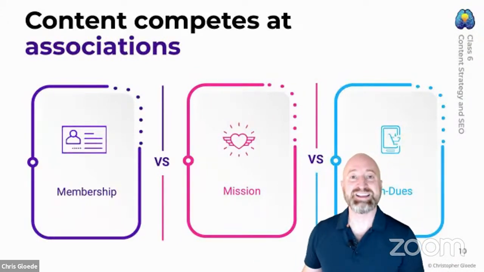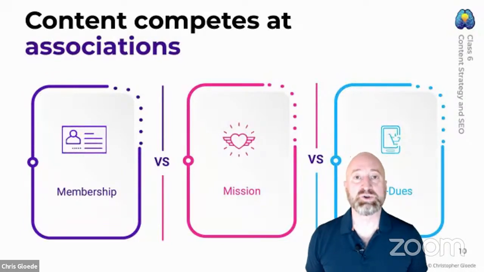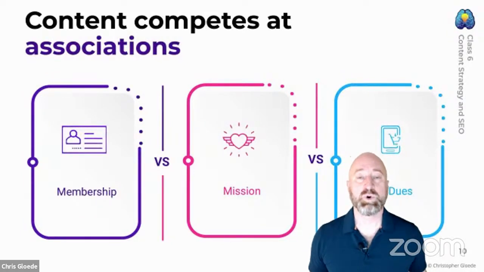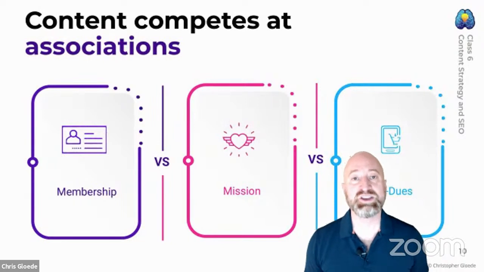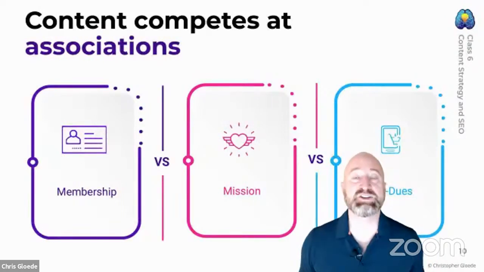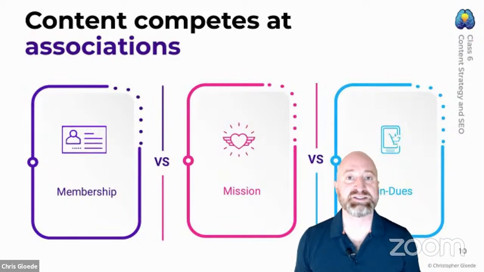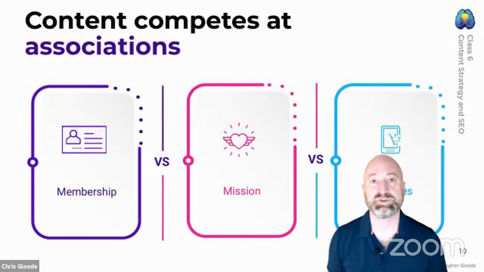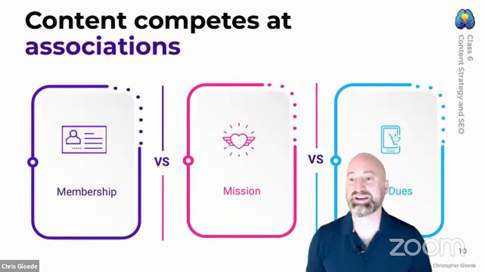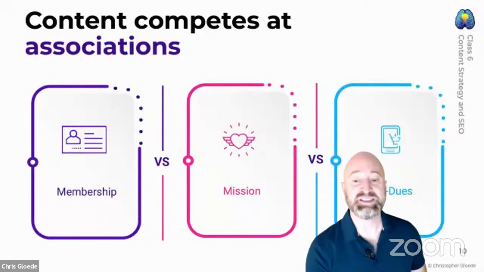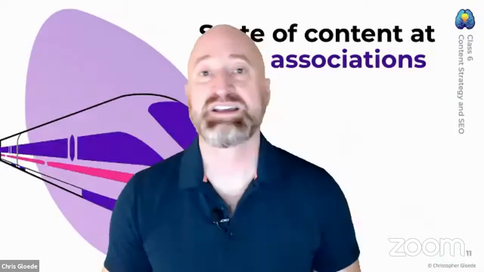And then finally, not so obvious though, but still an important competing consideration was the need to grow non-dues revenue. And so we had a deal with LexisNexis where they licensed all of our content for their giant online database. All right, so you can see that these are competing interests.